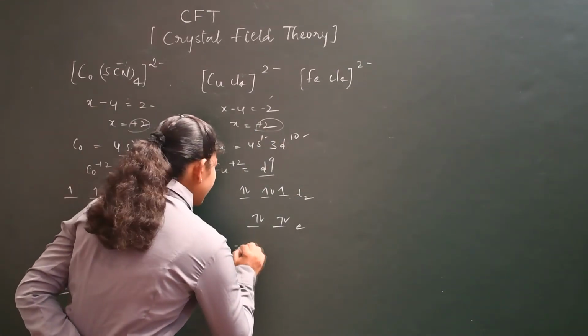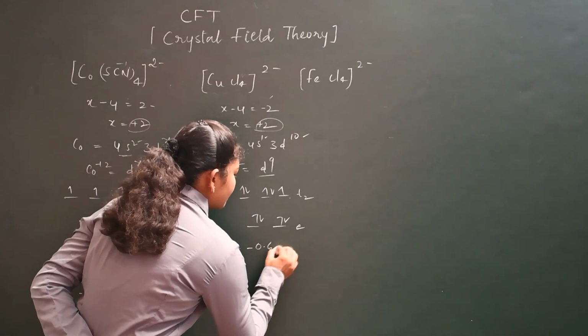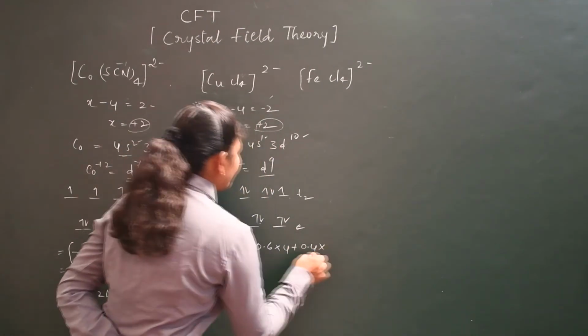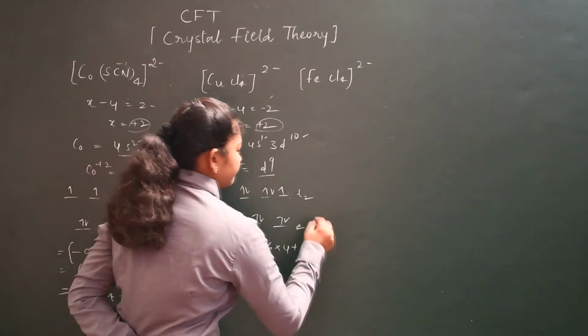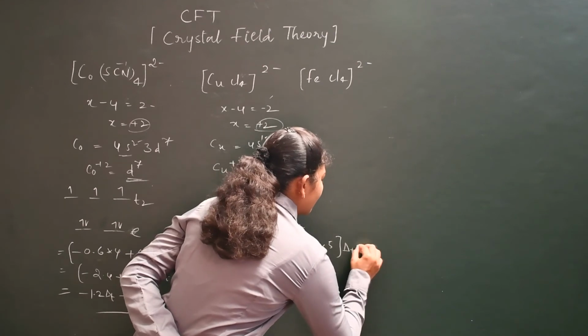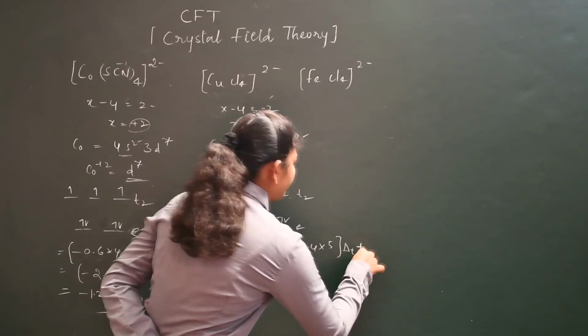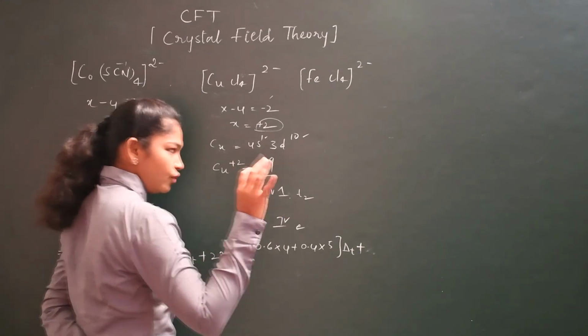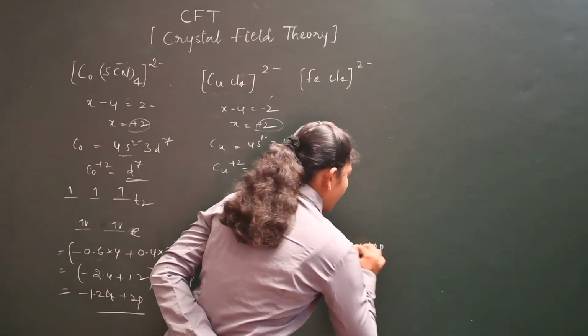Now how will you get it? Minus 0.6 into 4 plus 0.4 into how many electrons are there? 1, 2, 3, 4, 5. 5, this is delta T plus mP. How many pairs of electrons are there? 1, 2, 3, 4. 4 are there, so 4P.